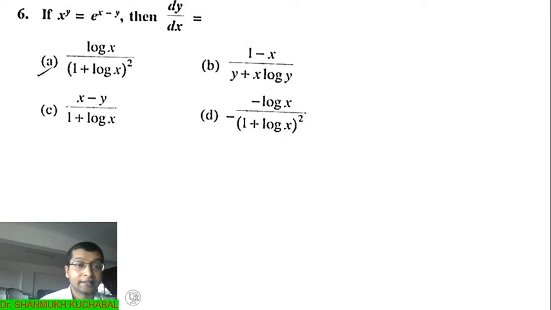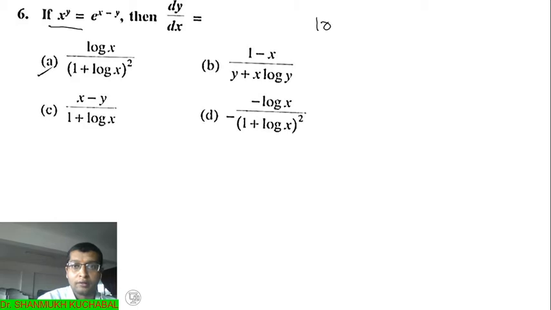Example number 6. The given expression is x raised to y equal to e raised to x minus y. Here we observe that x is a variable and the y power is also a variable. If it is a variable raised to a variable, then we have to take a log on both sides.